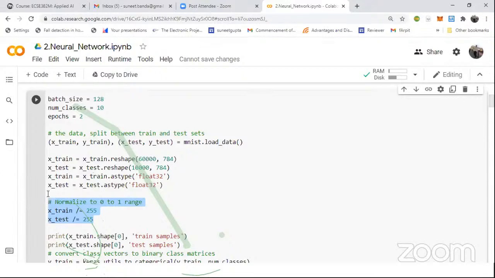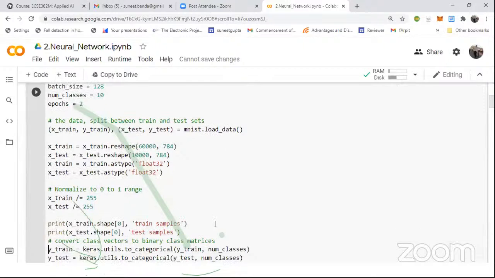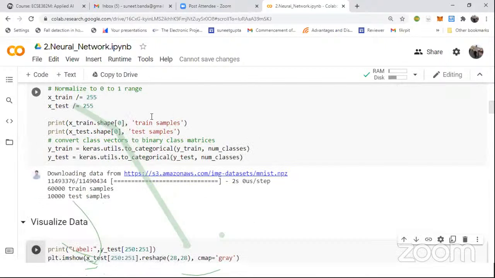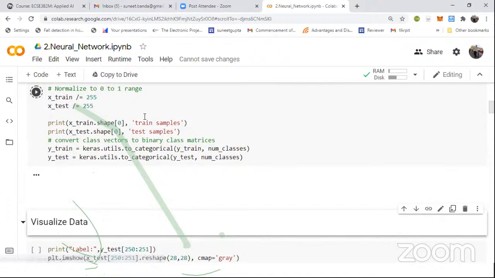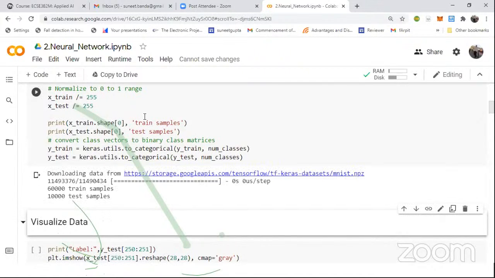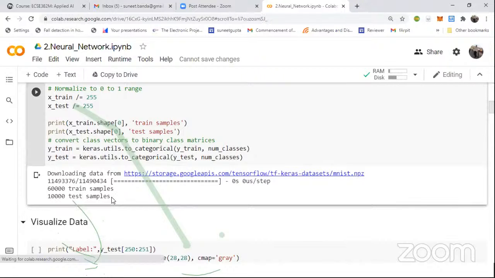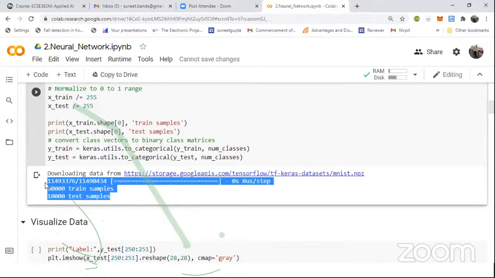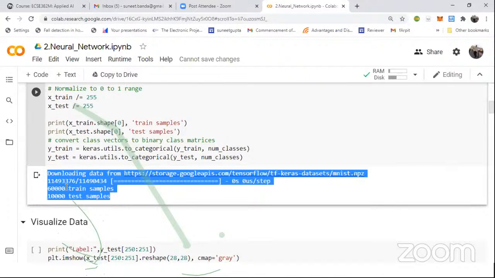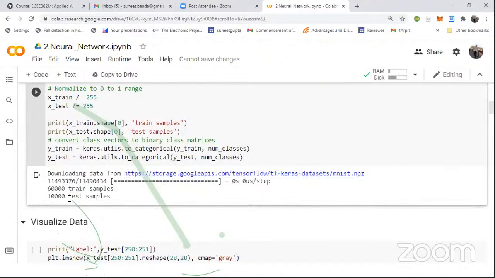If you divide all the values by 255, they will lie between 0 and 1. Everyone, execute this cell, and as output you will see 60,000 samples for training and 10,000 samples for testing.